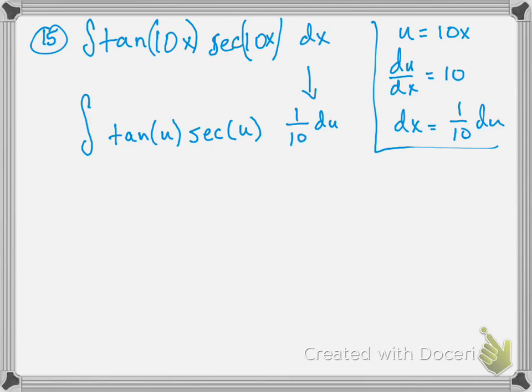So this, by rule, we got 1/10 secant u plus c. That's one of our rules from a couple pages ago in the notes. You can go back and find that rule that we have.